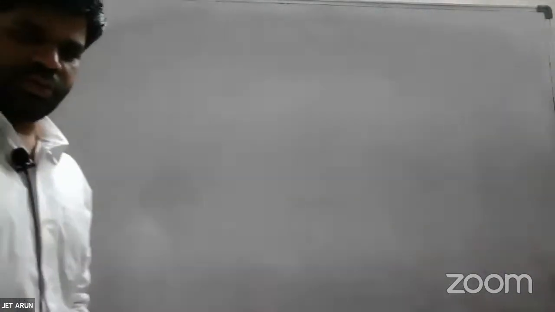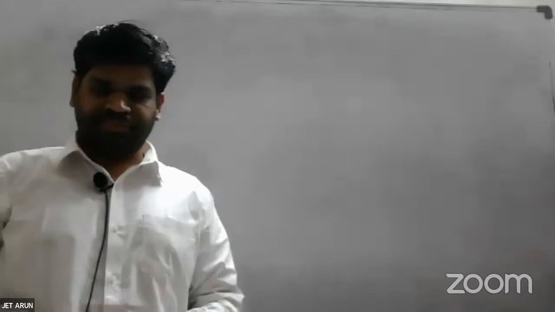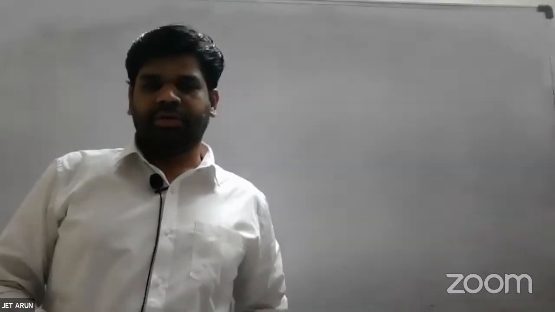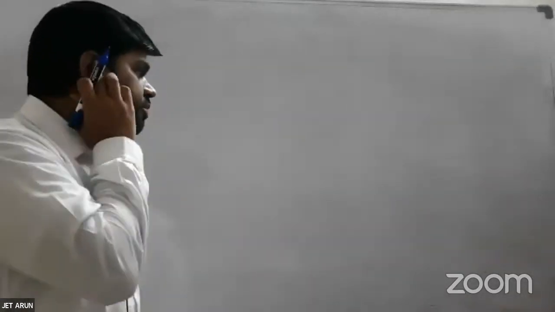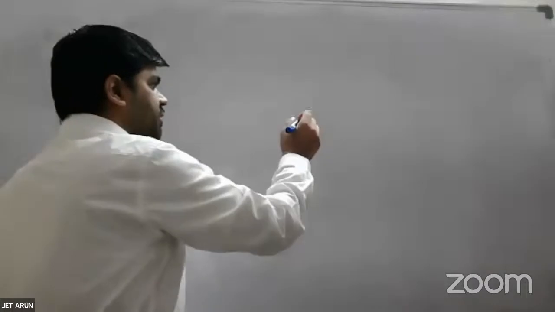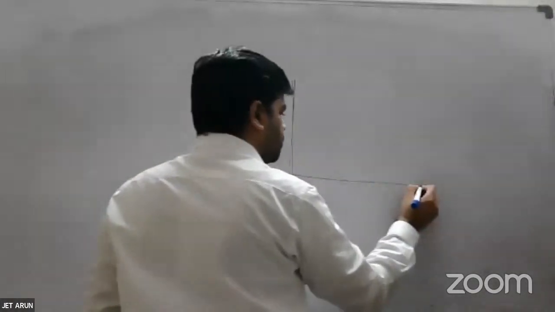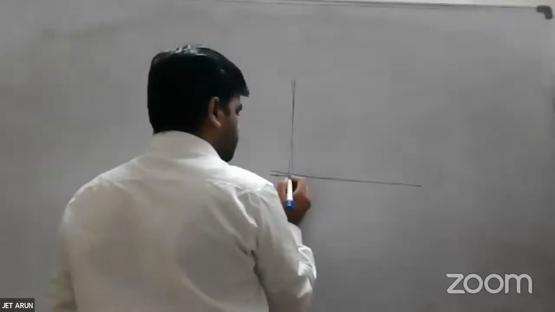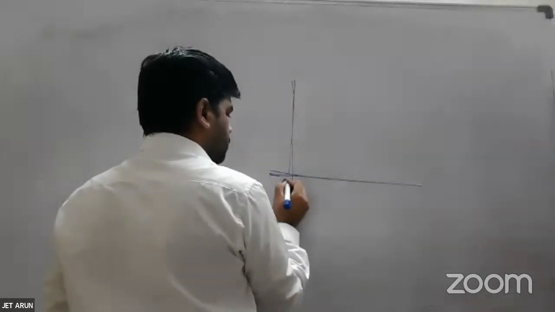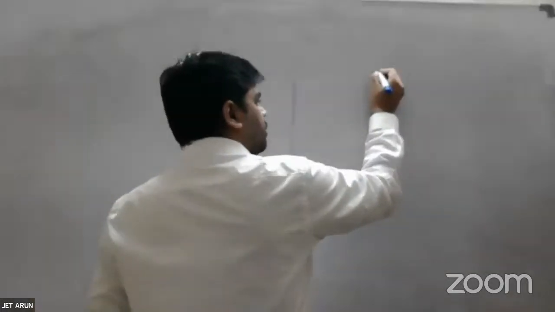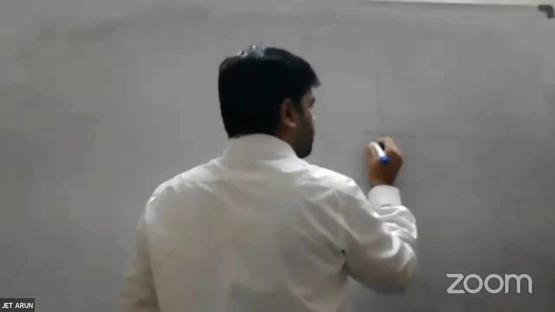Okay. So we'll start with pseudo force, something called a non-inertial reference frame we'll talk about. All right. So let's say we have got two reference frames. One is reference frame O, another reference frame O prime.